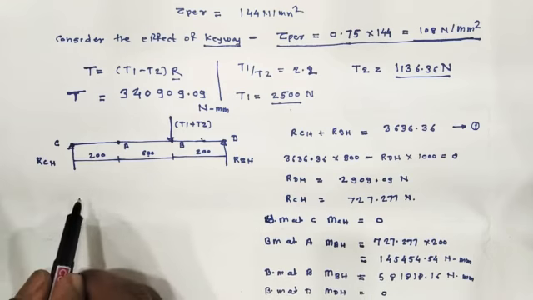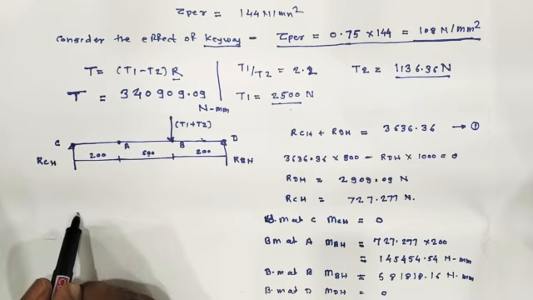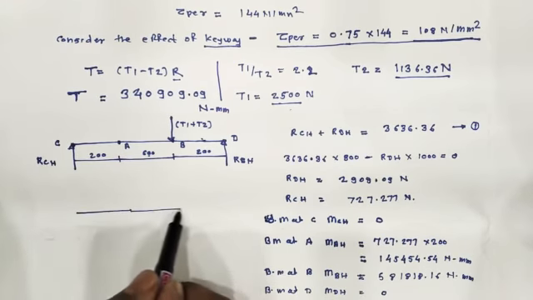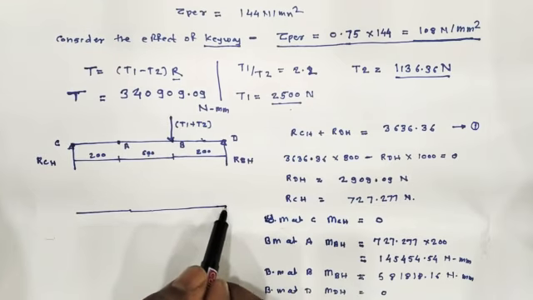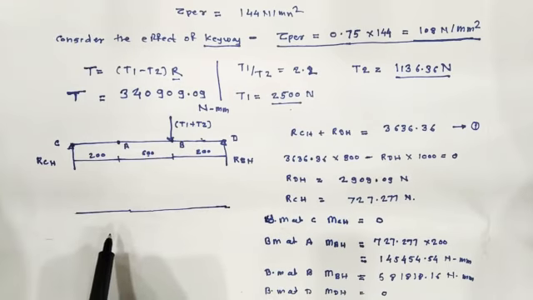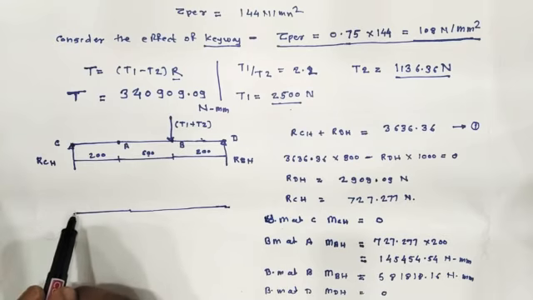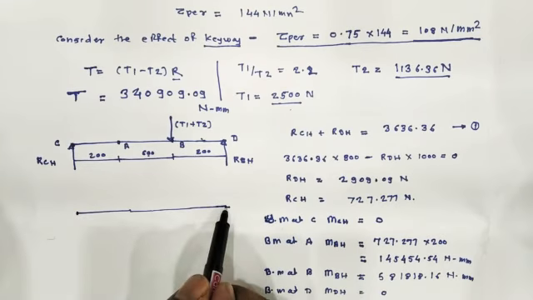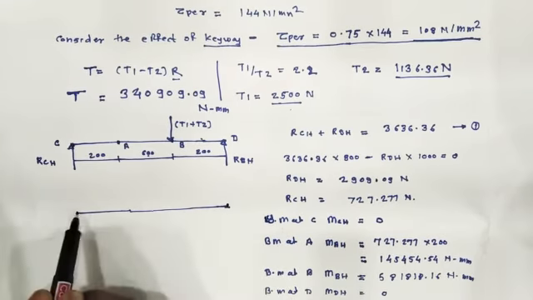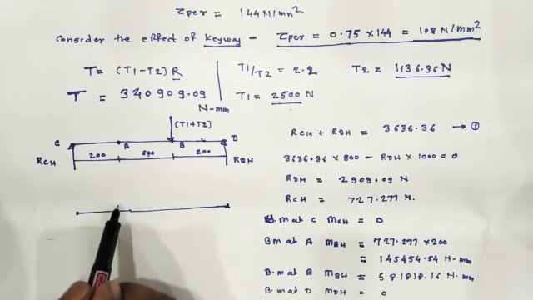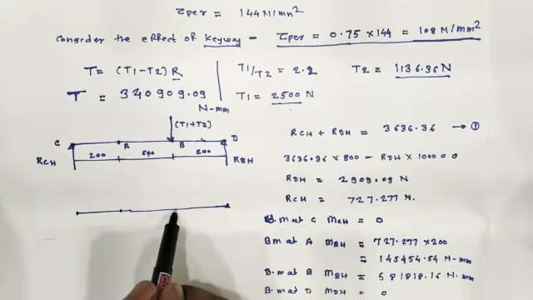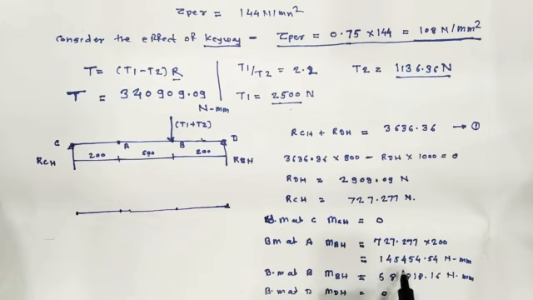So we can draw the bending moment diagram. By plotting here, see here: at this location, bending moment is 0 at C and D, which are the bearing reactions. At location A we have the value 1454.